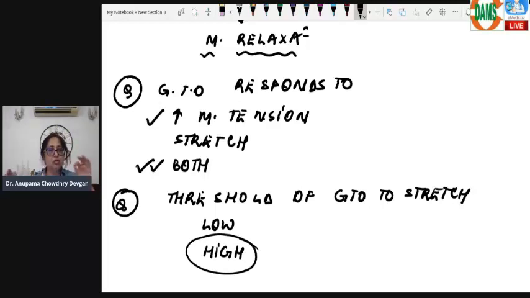It responds to both muscle tension and stretch, but the stretch has to be excessive, which will stimulate the Golgi tendon organ. And whenever the Golgi tendon organ is stimulated, this will result in a muscle relaxation. So this is your inverse stretch reflex, which is a bisynaptic reflex.